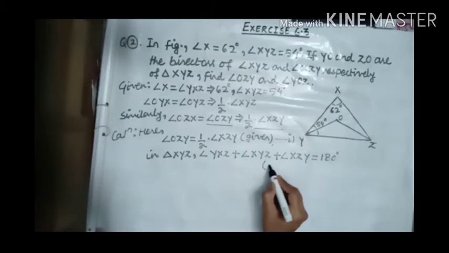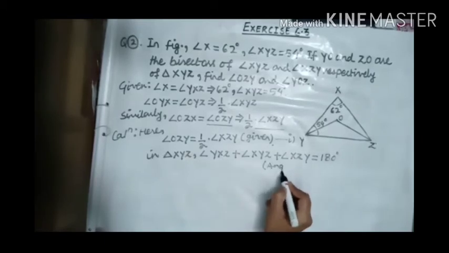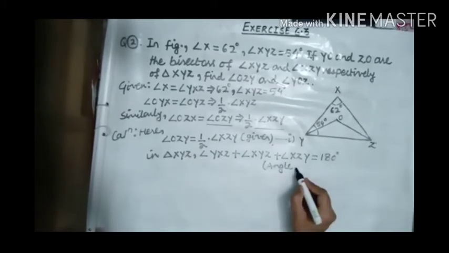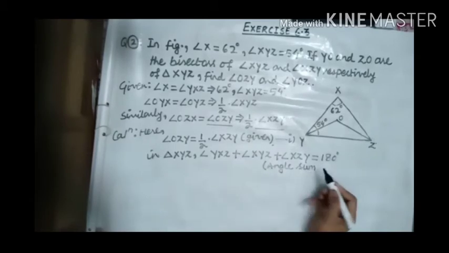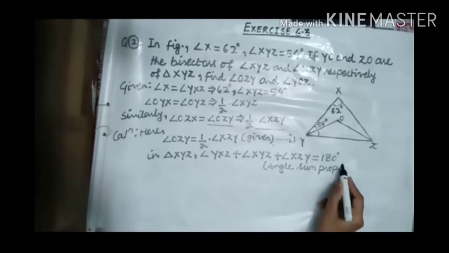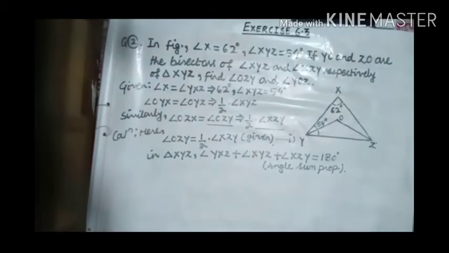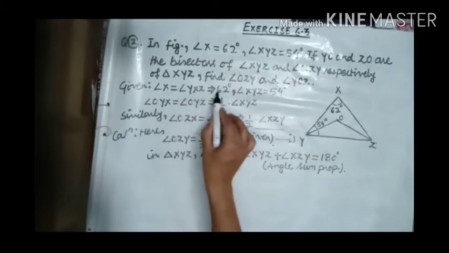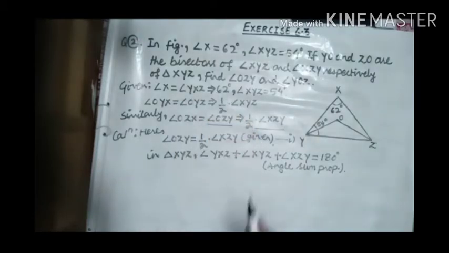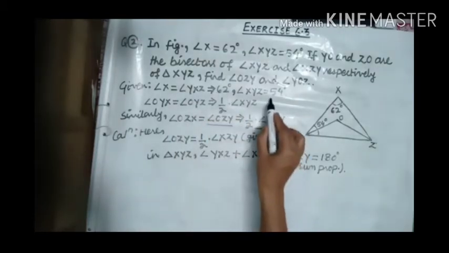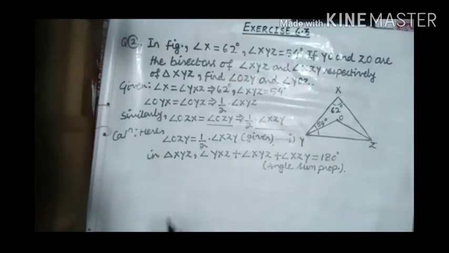Reason: angle sum property. Where the value of angle YXZ we are given 62 degrees and that of angle XYZ we are given 54 degrees.